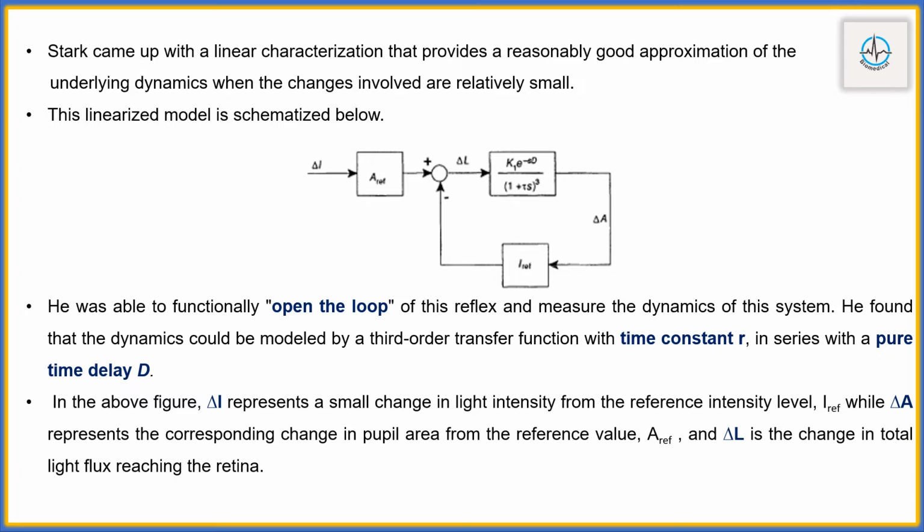He found that the dynamics could be modeled by a third-order transfer function with time constant τ in series with a pure time delay d. In the above figure, ΔI represents a small change in light intensity from the reference intensity, while ΔA represents the corresponding change in pupil area from the reference value, and ΔL is the change in the total light flux reaching the retina.